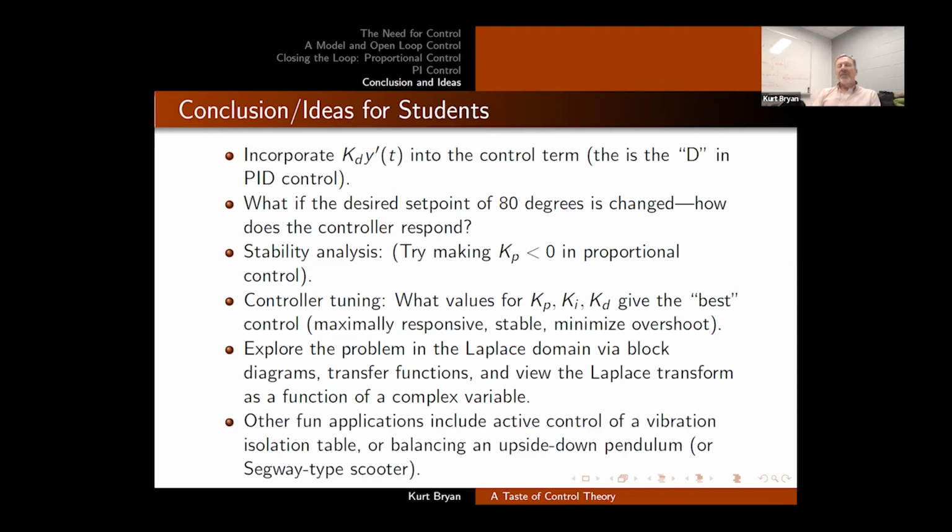And then I put some other stuff in the book, like actively controlling a vibration isolation table or balancing the upside down pendulum, like trying to balance a Segway type scooter so it's stable. That's a nice control theory problem. So this is something you can take as far as you want to show students that Laplace transforms are really kind of indispensable for certain problems. So that's my second scenario. Happy to answer questions.